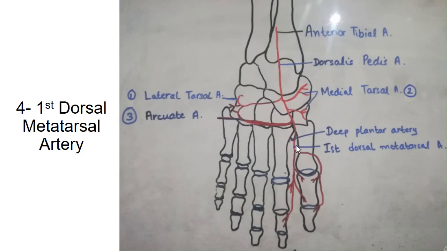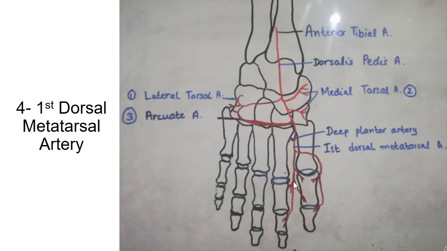Along its distal course, this artery gives off a dorsal digital branch, this one, which supplies the medial side of the great toe. Then this artery runs downwards and further divides into two dorsal digital branches.